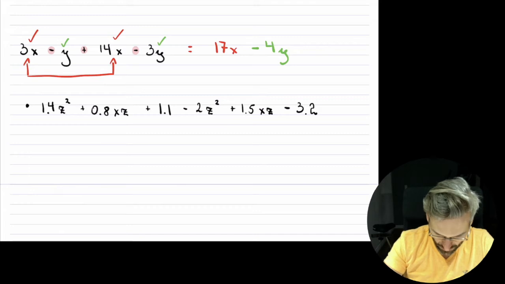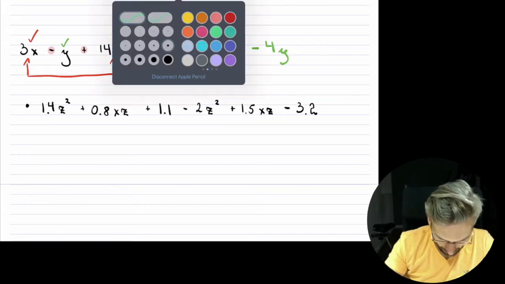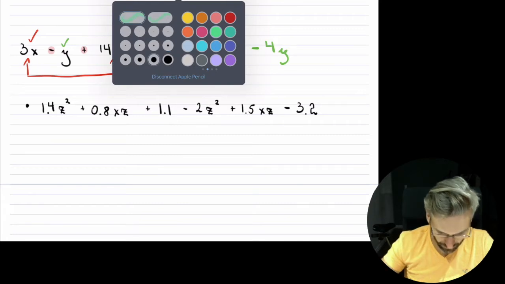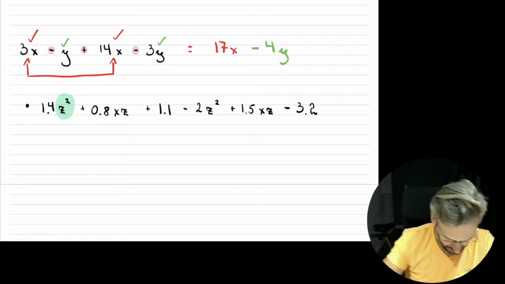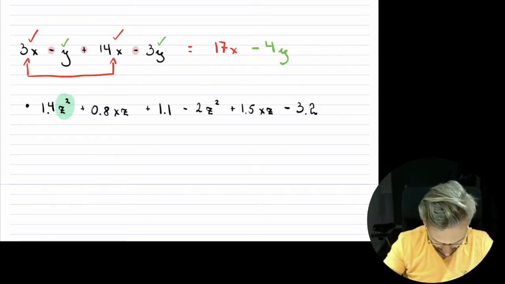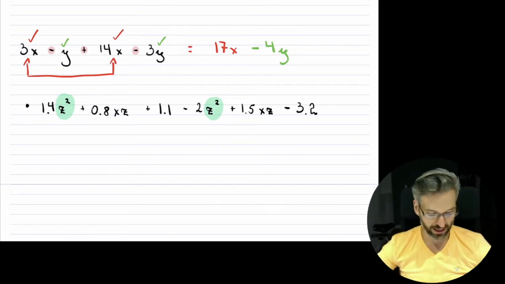All right. So now, with regards to these like terms, I have z squared, and here's another z squared, so I can actually collect these two. So notice I have 1.4 as my coefficient, and then I have -2.